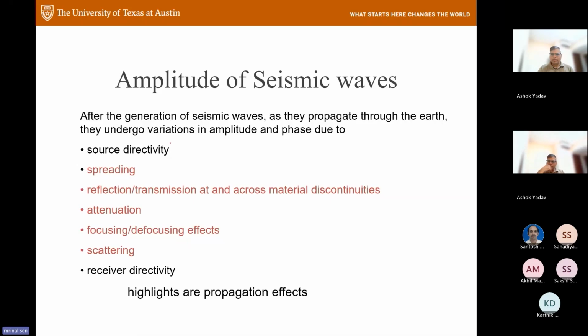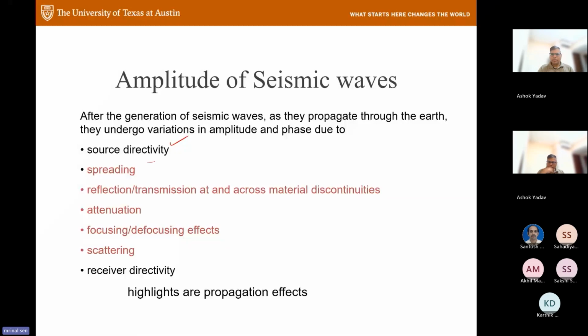One is source directivity. If you have an isotropic source, or a vertical point force or horizontal point force, that will decide how the amplitude radiation pattern looks at the source. Then we have spreading. Then we have reflection and transmission coefficients. We have attenuation.